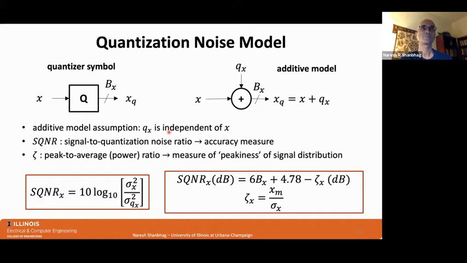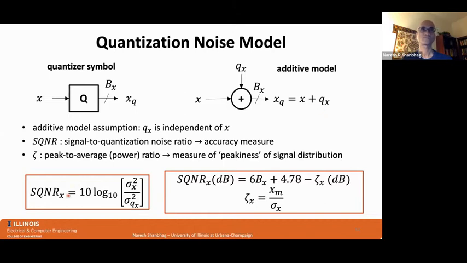So what is SQNR? It is based on an additive model of quantization noise. You have a floating point input X, you quantize it to Bx bits, which introduces a noise Q sub X. Therefore, SQNR is simply the variance of X, the signal, to the variance of Q sub X, which is the noise.